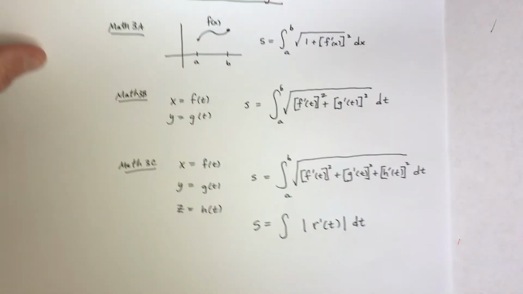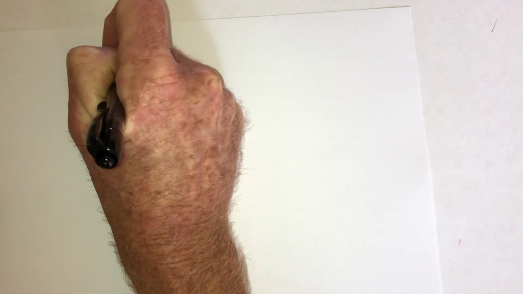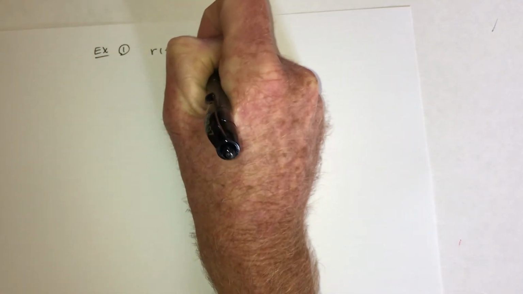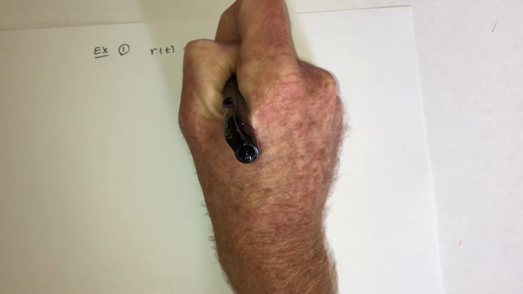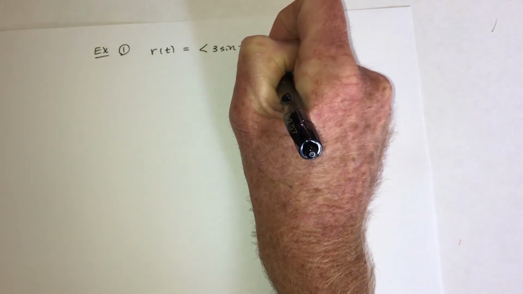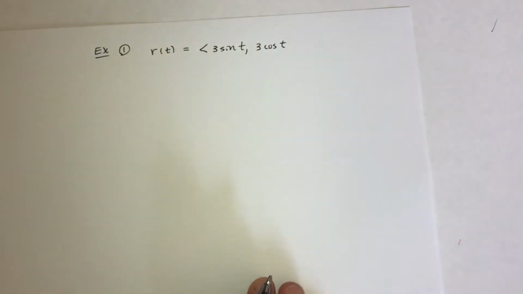So now for a couple of examples. So to begin with, how about some trigonometry? Here we go. So for example number 1, the function r of t will be 3 sine t, 3 cosine t.